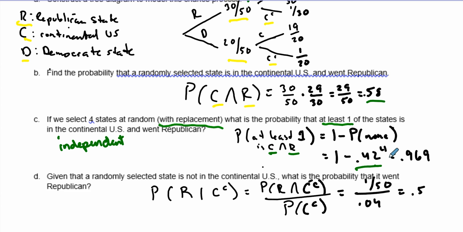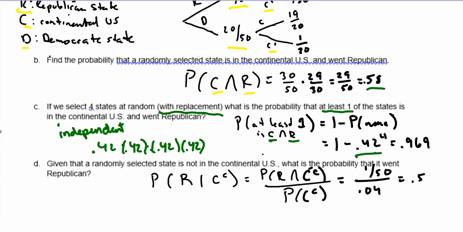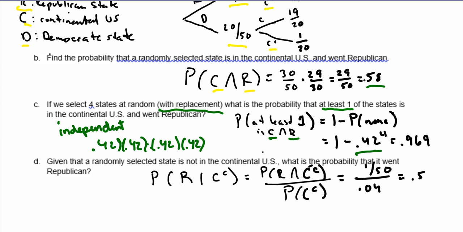We take that to the 4th power because the first random selection is 42%, the second is 42%, the third is 42%, and the fourth is 42%. So that's 0.42 to the 4th power, because each one is independent of the others.